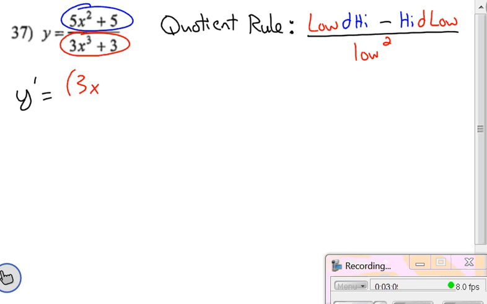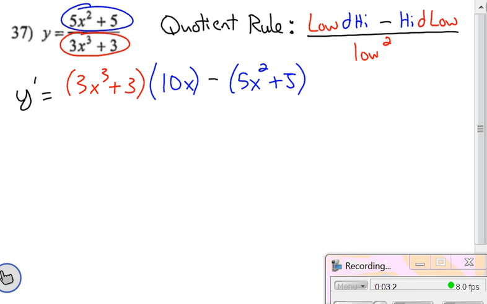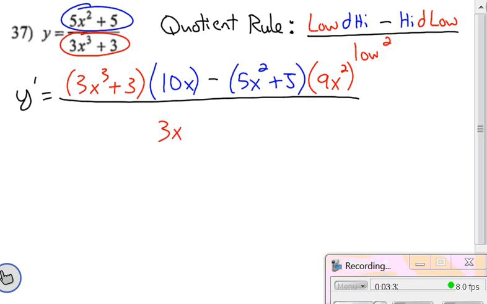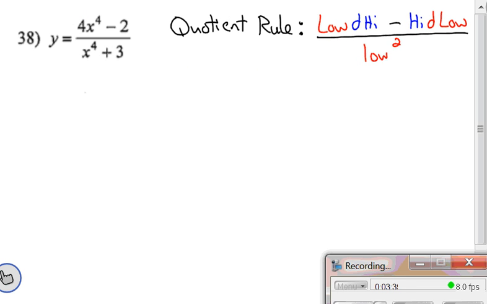So let's see, low times the d of the high minus high times the d of the low all over the low squared. That should do it.